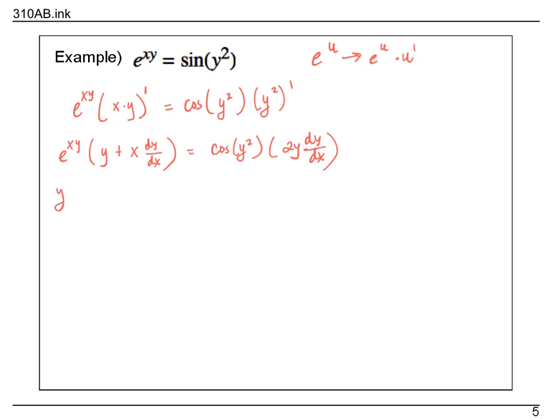So I have y e to the xy plus x e to the xy dy over dx equals, I'm going to put the 2y out in front of the cosine, right? It cannot combine with that y. Sorry about that. Dy over dx. Okay, so now I can see my dy over dx terms. I'm going to actually move those to the right.